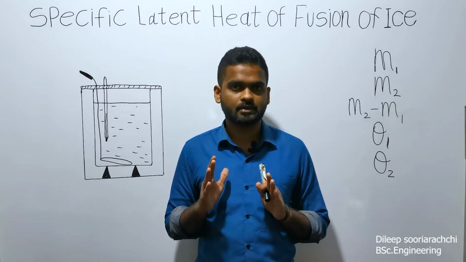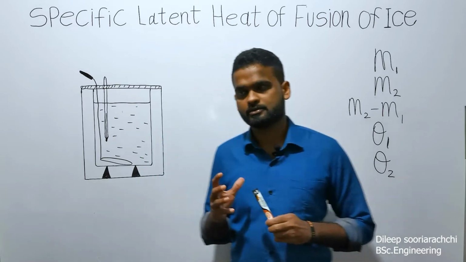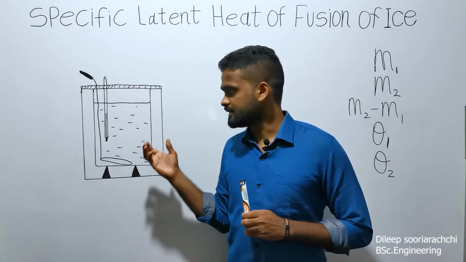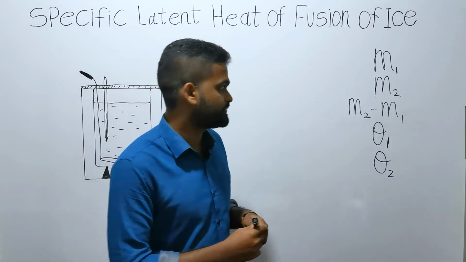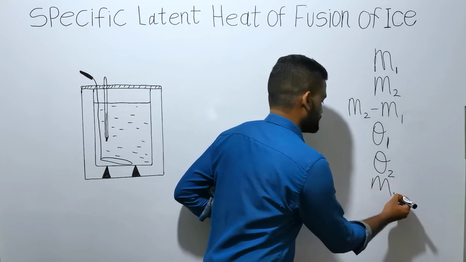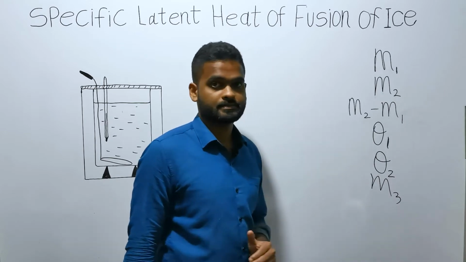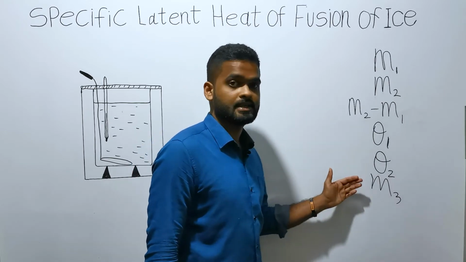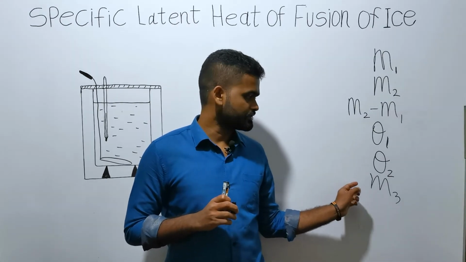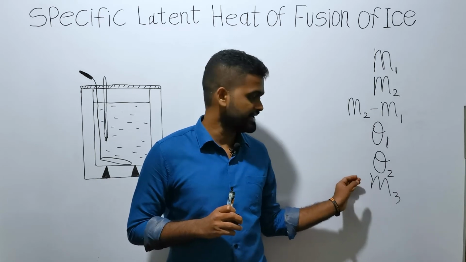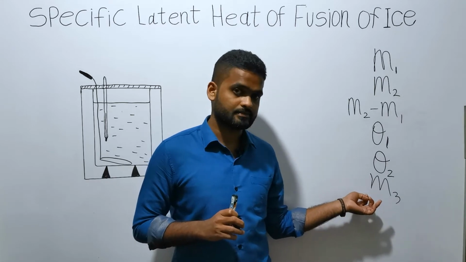Now you have stopped adding ice and taken all the temperature measurements. Finally, you have to measure the mass of the calorimeter with all its contents. Let's say that measurement is M3. So M3 is the mass of the calorimeter after adding ice, so there is water, ice, and the calorimeter.